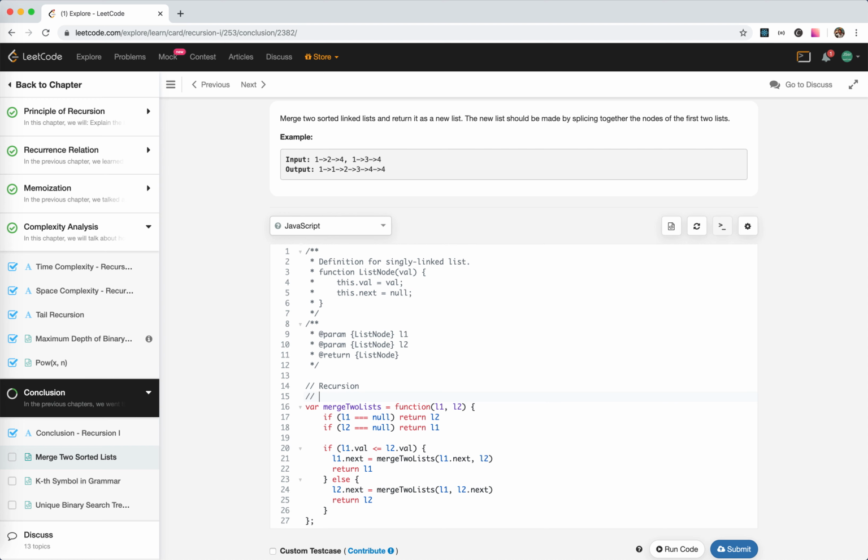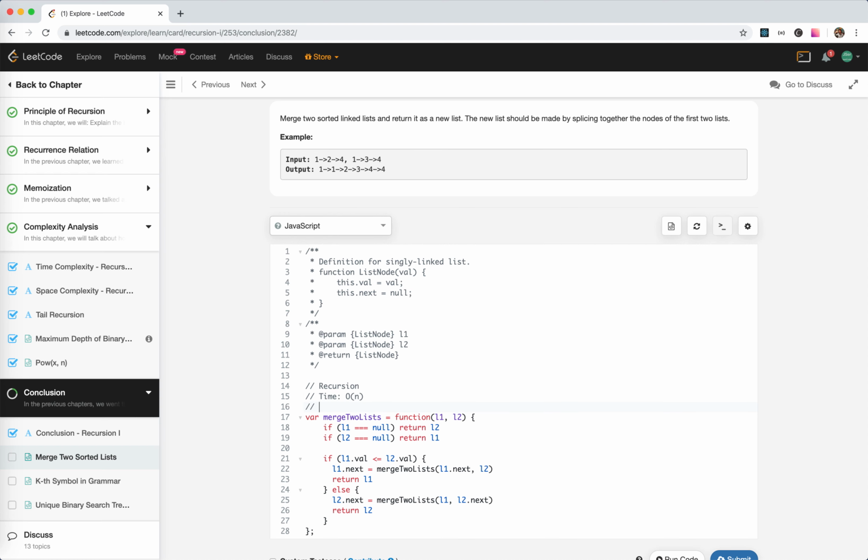I think this is done, so the first solution is recursion. Let's see what the time is. We find the smallest one, assign it, and get to the next one, find the smallest and return it and assign it. So actually the time should be O(n), where n is the total nodes.